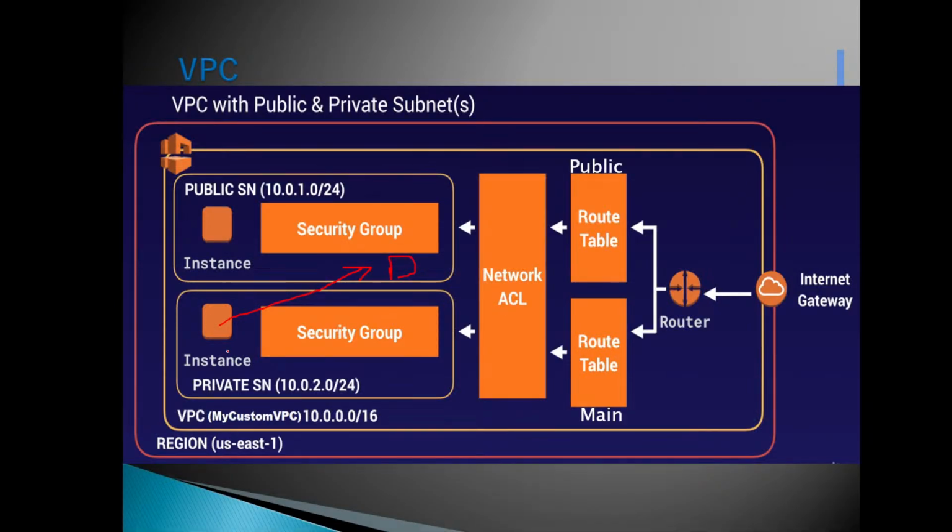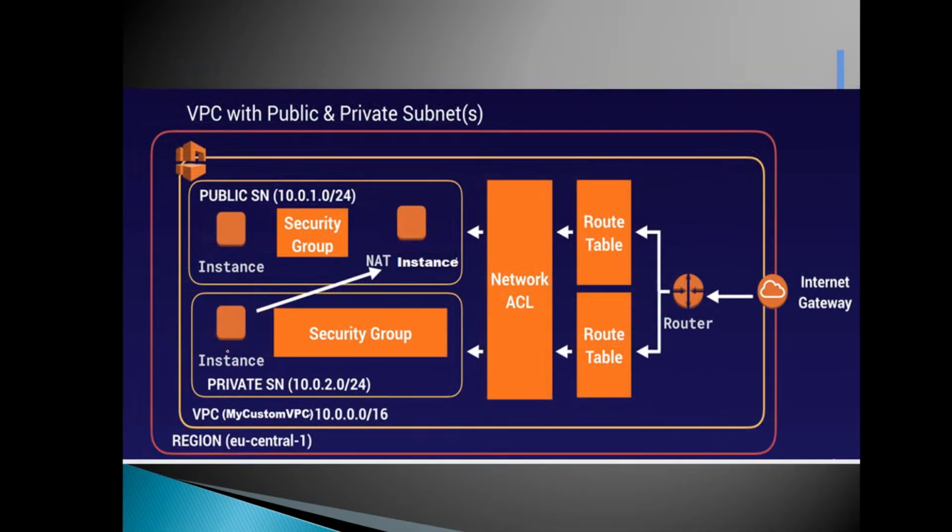Same goes with our setup here. This is my private EC2 machine. We are going to create another EC2 machine called a NAT instance, which will be in a public subnet, and all the requests for internet from this machine will go to the NAT instance.